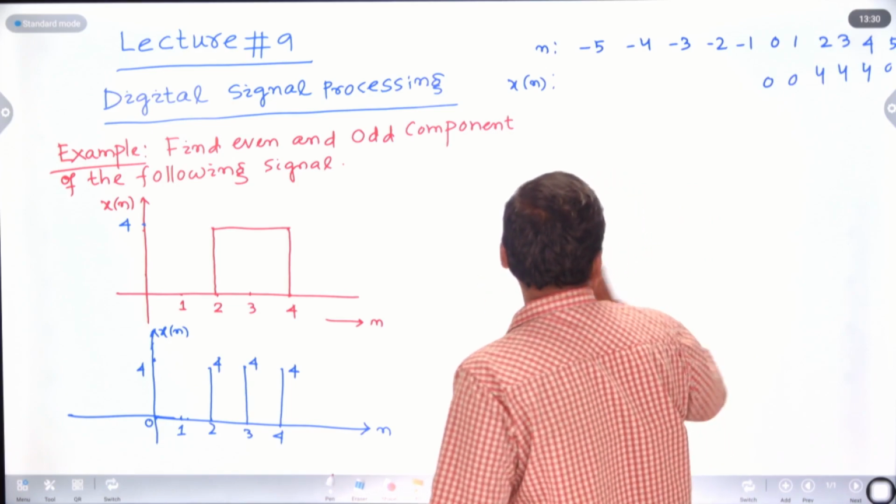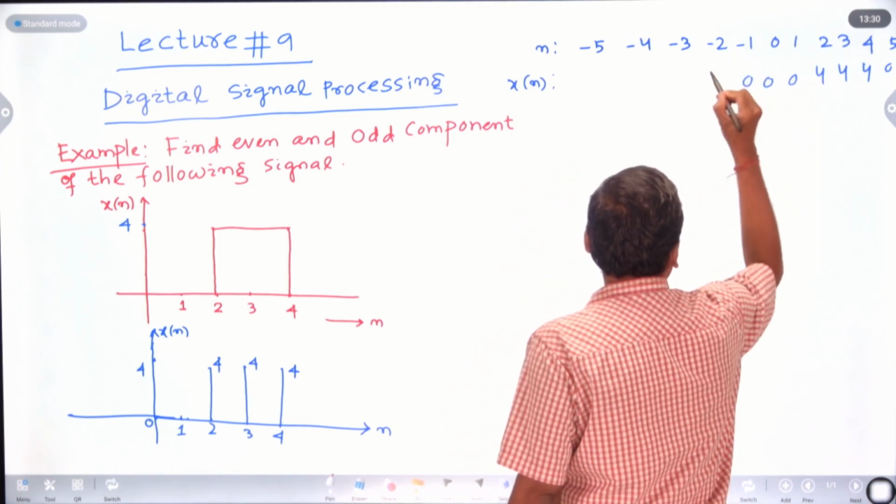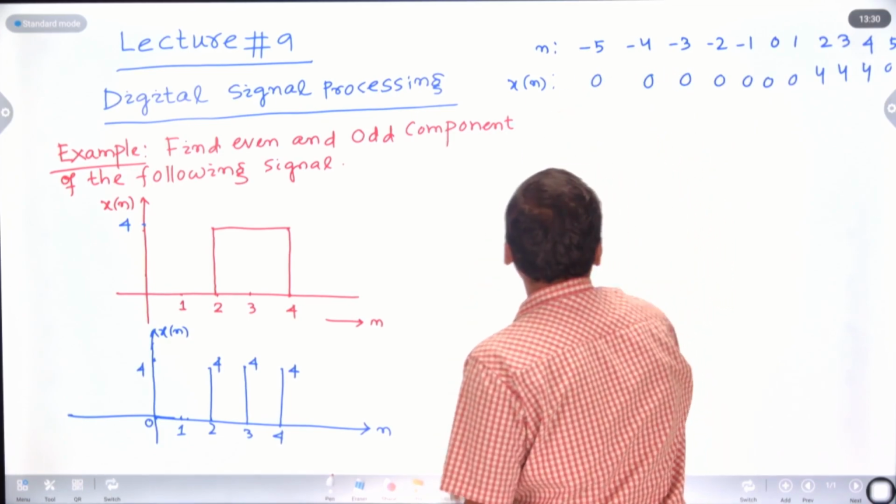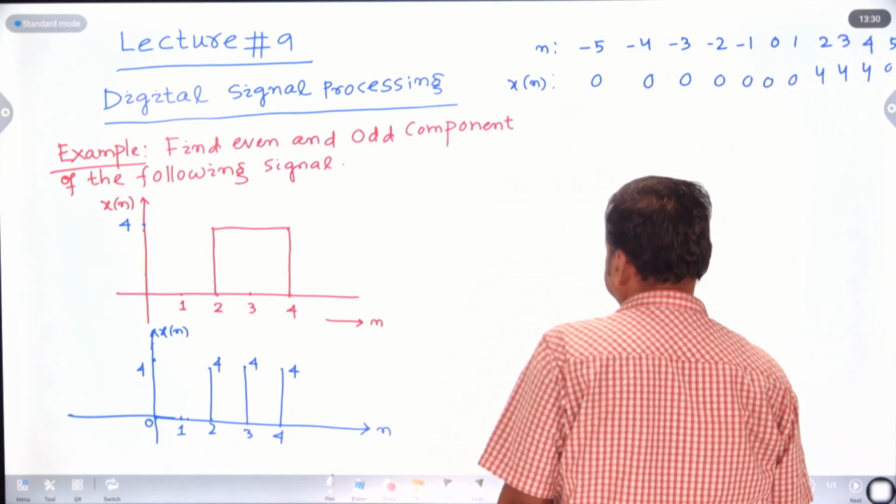This is your x of n, and for the remaining values of n, the function will be 0.